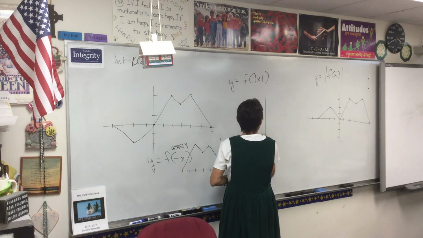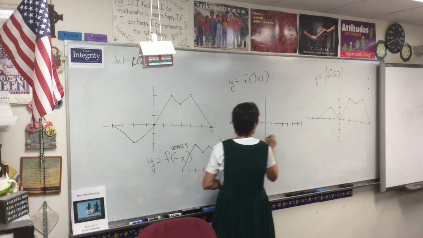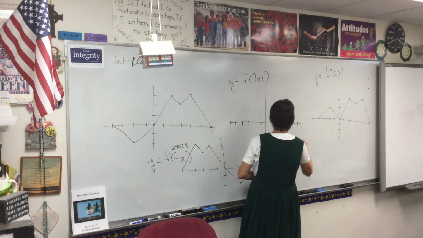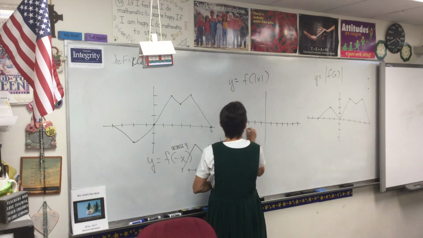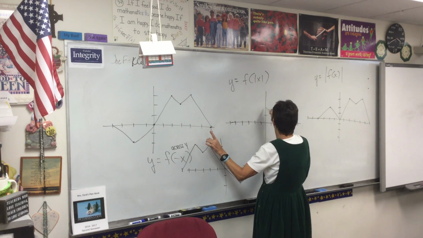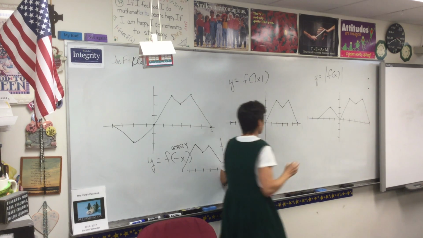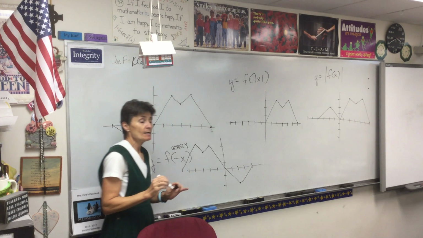Does anybody remember what we do when we have the absolute value of just X? Right side. Copy down the right side. So I'm going to copy down the right side exactly as it is. So that's the M. There's the right side.